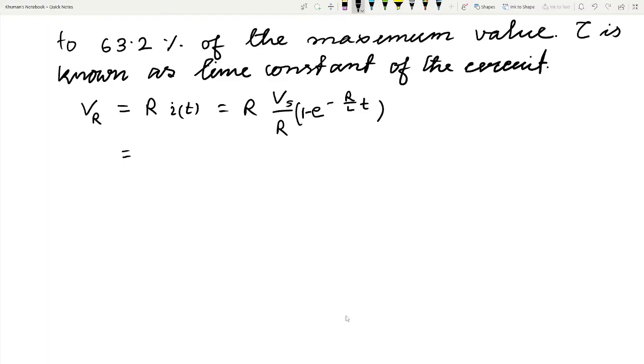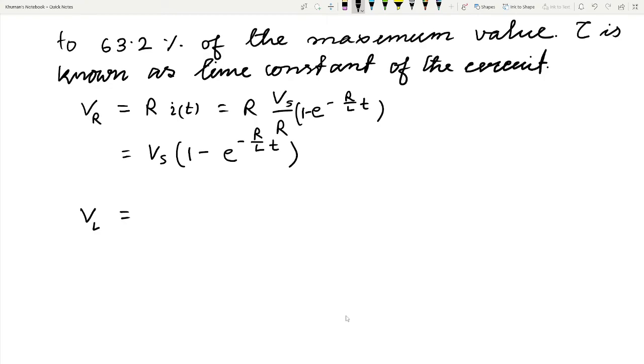So this is equal to Vs (1 minus e to the power minus R by L t).